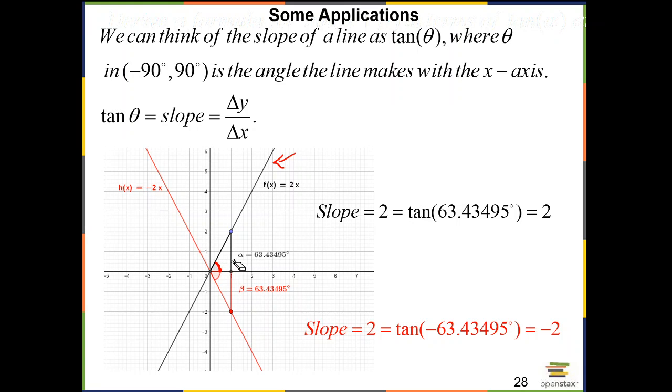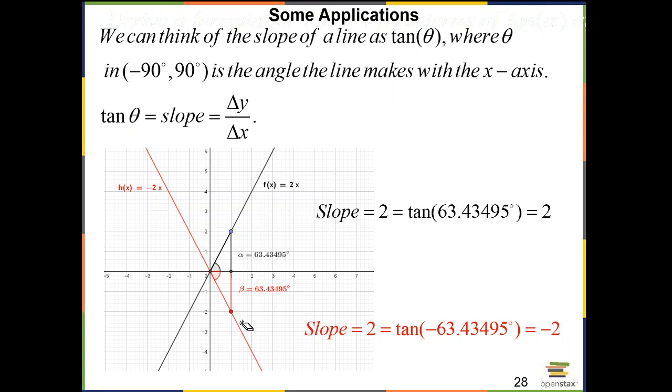So what we get is, we know the slope is 2, and if you find tangent of this angle, you get 2. Now, there would be rounding error here. It's not going to be exactly 2. It would be 2.000 something or 1.9999 something, because this is not the exact angle. It's approximated. But this formula that the slope, which is delta y over delta x, remember delta y is change in y over change in x, that's the tangent, obviously, of this angle.